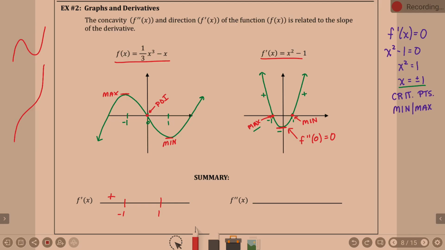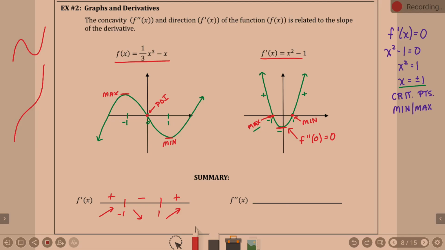Between -1 and 1, my derivative would be negative, because that's a decreasing graph. And to the right of 1, my graph is increasing, so that would be a positive derivative there. So the idea that this is increasing, decreasing, increasing.